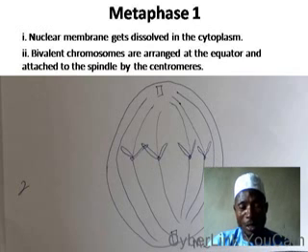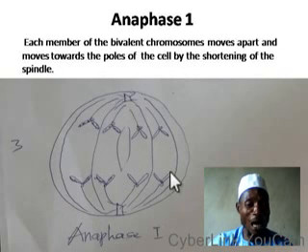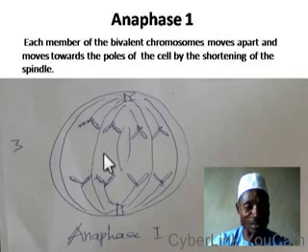Let us look at the anaphase 1. In the anaphase 1, each member of the bivalent chromosomes moves apart and toward the pole or end of the cell by the shortening of the spindle fibers. Look at the spindle fiber.